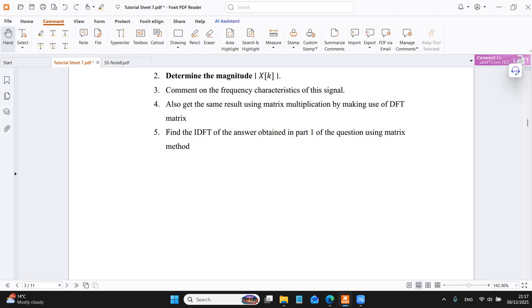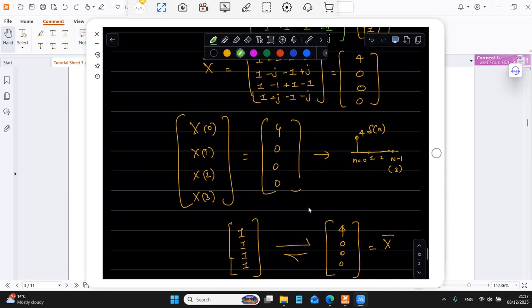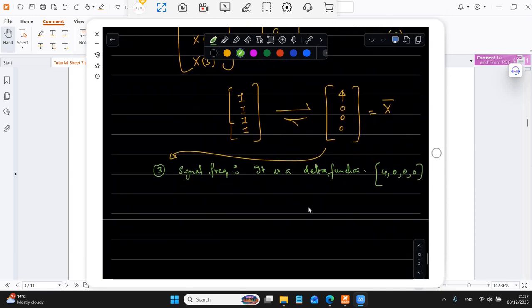That is part 3. The last part, the fourth one, is already solved. The last part is the IDFT. The third part is what? The signal frequency characteristics. It is a delta function which is 4 0 0 0, so it is similar to a delta function. This is what I want to tell you.